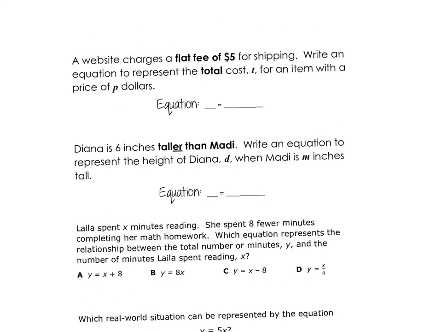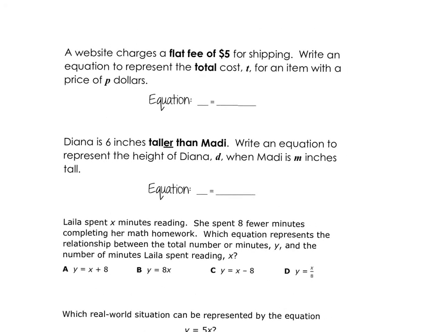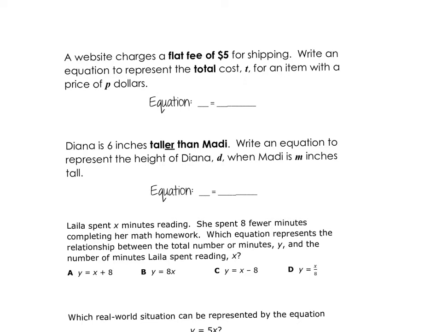All right, now let's look at some word problems again. Okay, and it says a website charges a flat fee of $5 for shipping. Write an equation that represents the total cost, which is going to be T, for an item with the price of P dollars. Okay, so remember our total is always going to go on this side, to the left of your equal sign.